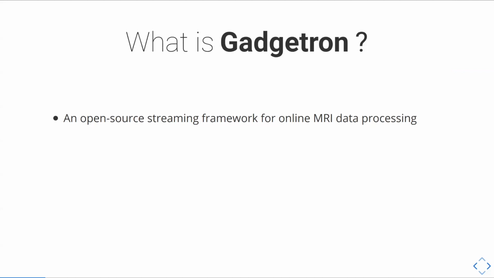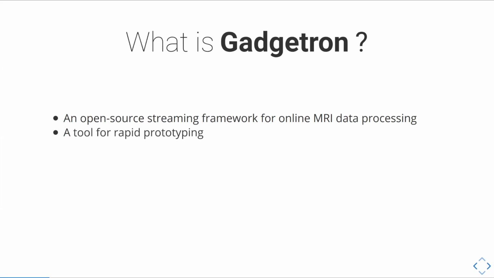This allows us to do real-time applications on the MRI scanner, and online. That means that it's on the scanner online. We're sending images back to the scanner during the scan, rather than collecting all the data and reconstructing offline on your computer later. You can use Gadgetron that way, but you can also use it at the scanner.